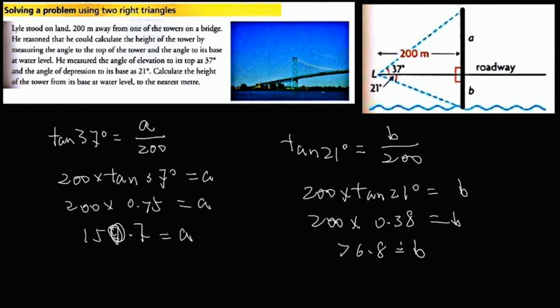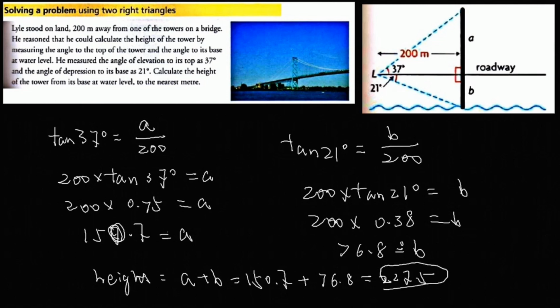So the height equals A plus B, which is 150.7 plus 76.8, equals 227.5. Okay, so this is the tower. The tower is about 228 meters from its base, at water level, to the top.